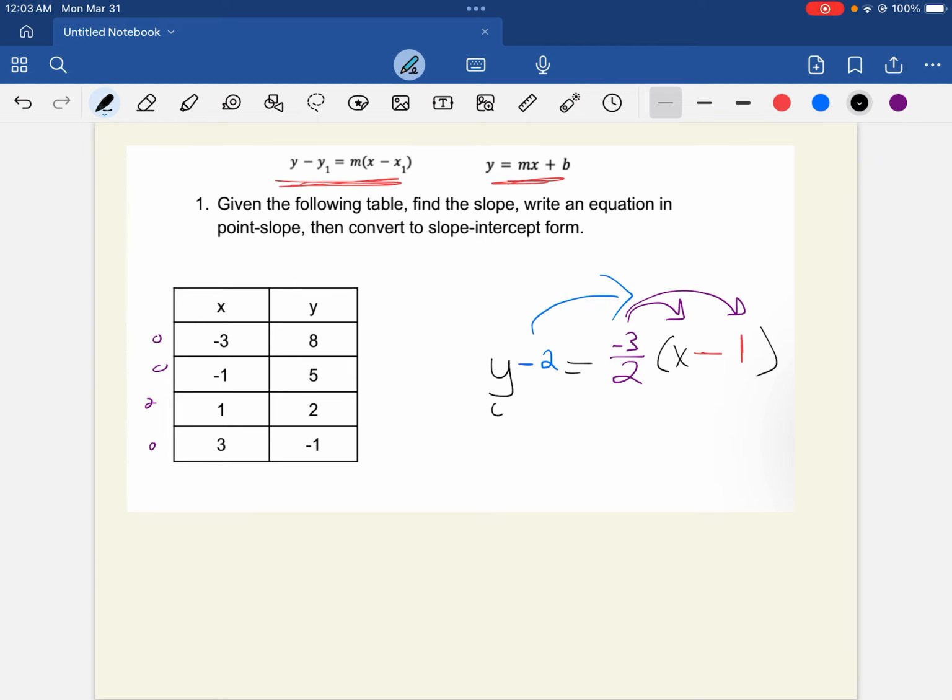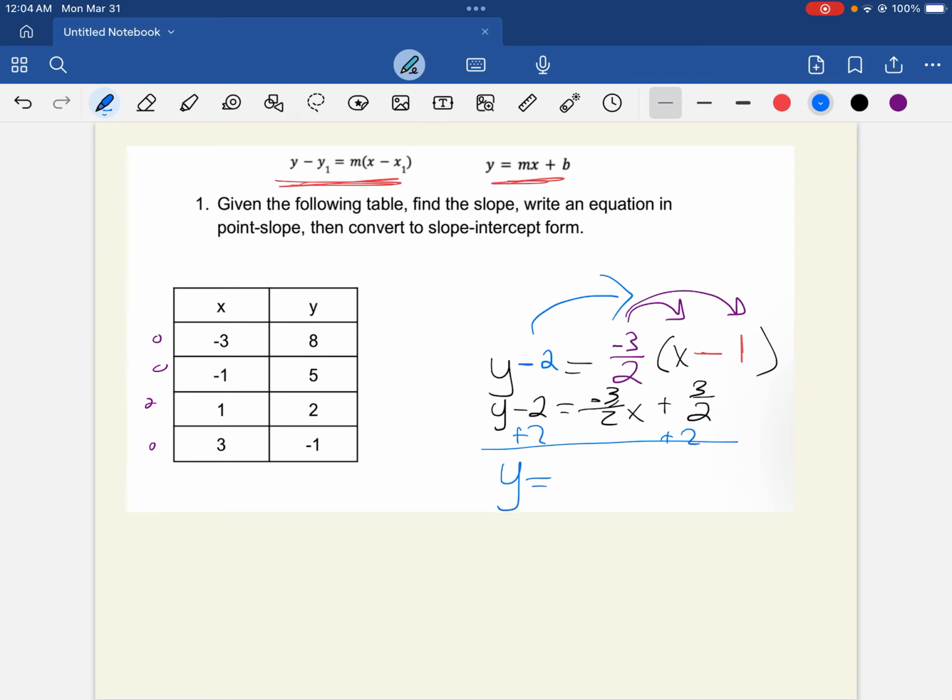So as I do this, I'm going to have y minus 2 is equal to, and then I distribute, I would have -3/2 x plus 3/2. -3/2 times -1 is +3/2. I would then add 2 to both sides of the equation.